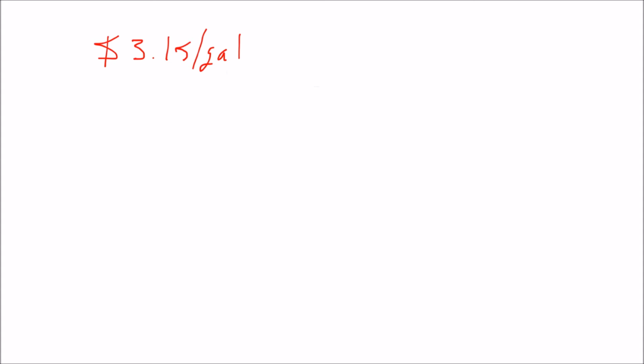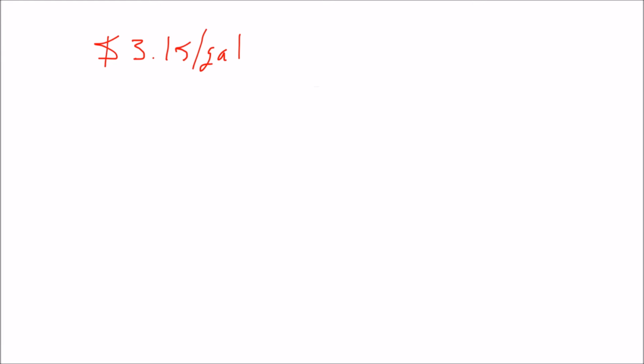When you see this, you see $3.15 on this side, and you just see gallons on this side. There's no number over here. So how many gallons are they talking about? Well, it's 1 gallon. You're going to pay $3.15 for every 1 gallon of gas that you pump into your car.